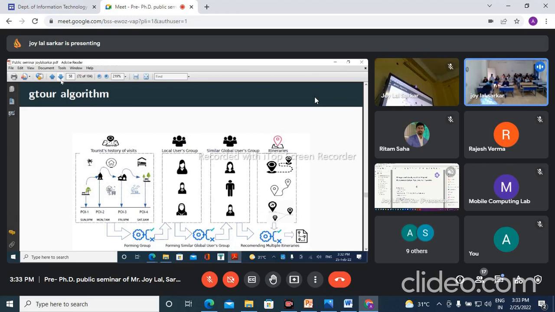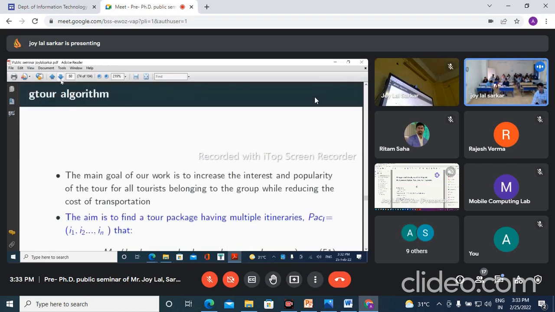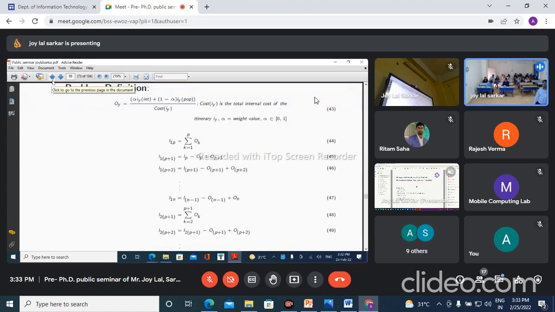How to group them? Based on cosine similarity, or maybe other similarity functions that are already there. Suppose they have 5% similarity, we can group them. Overall, our target is itinerary calculation. This is our problem definition, in the same manner: interest should be maximized, popularity should be maximized, and cost should be minimized.